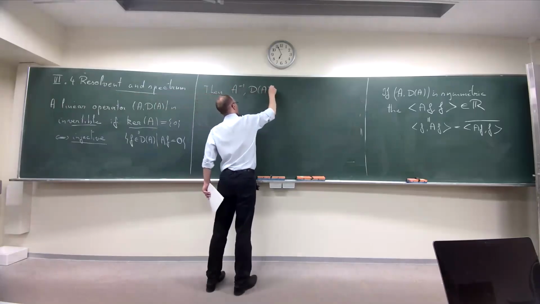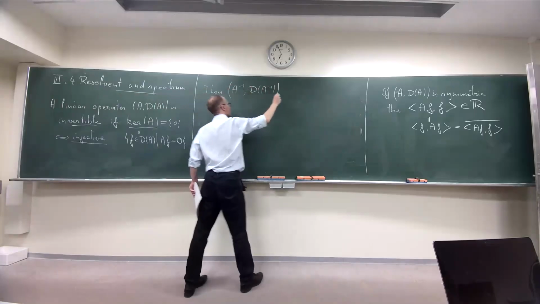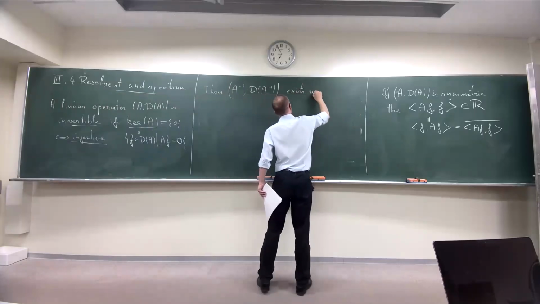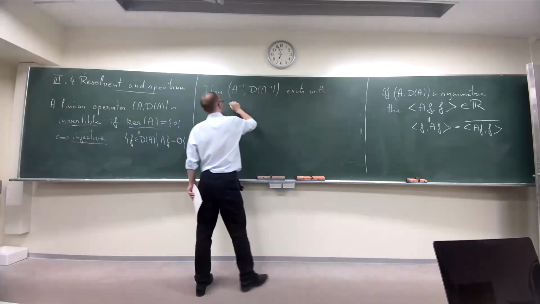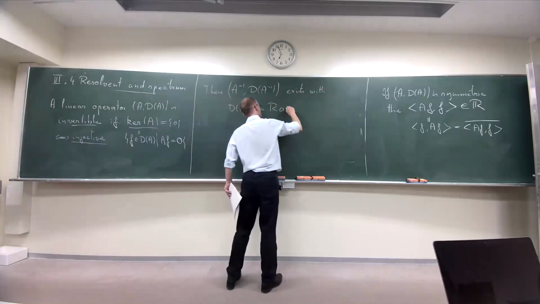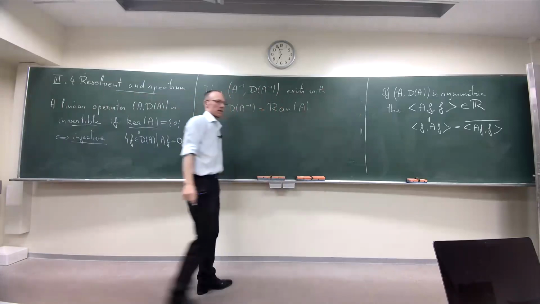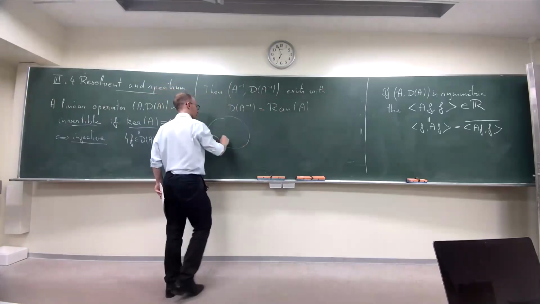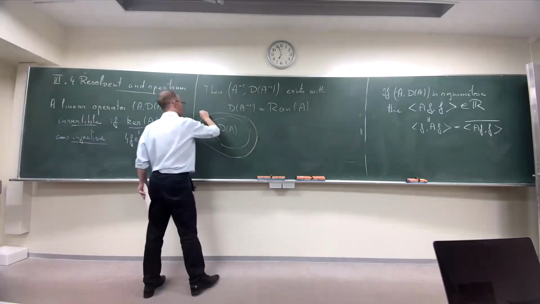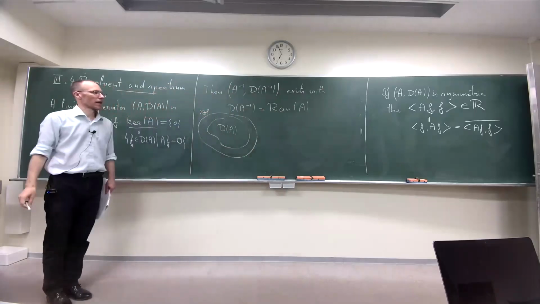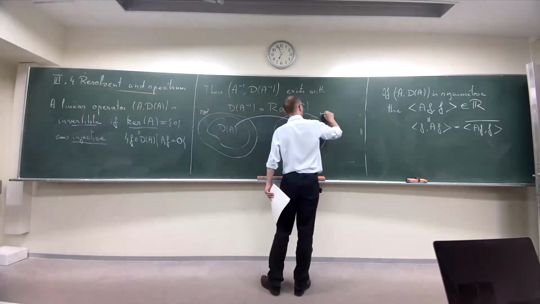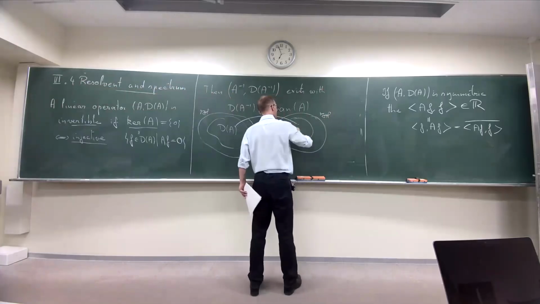But what is the domain of the inverse? It's the range. So I will do a picture. You have the domain of A inside a bigger Hilbert space H. Then you suppose that A gives you another Hilbert space, and the range is this.